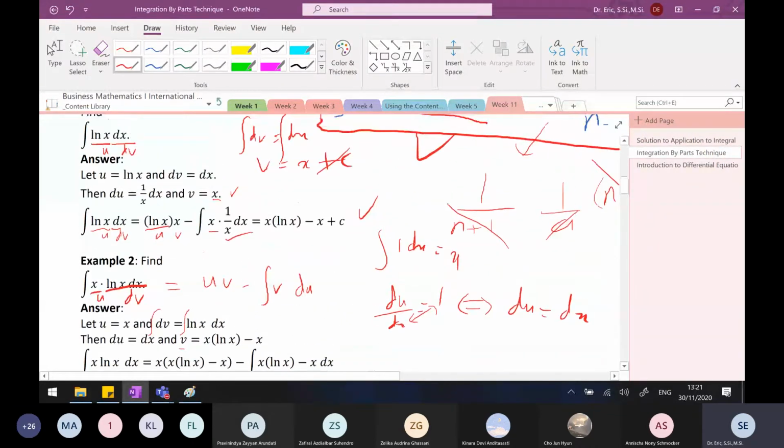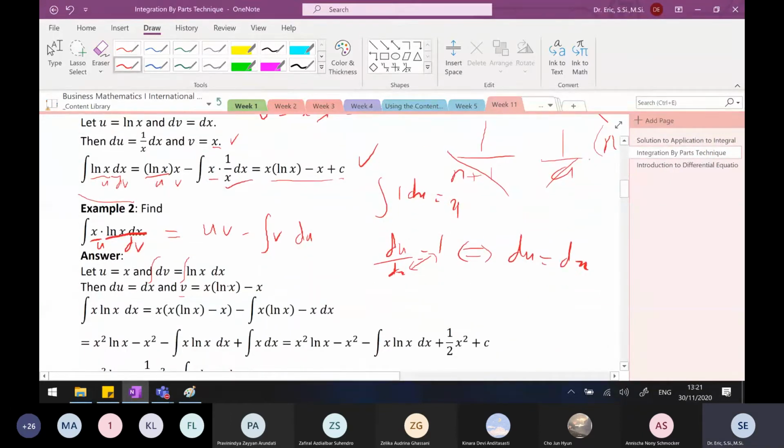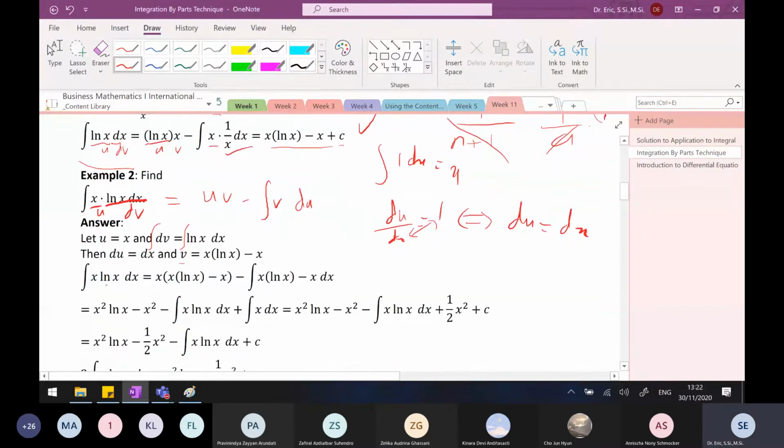I have the previous one, so this is x ln x minus x. We leave out the c. And then this is u times v minus integral v du. Du is dx.